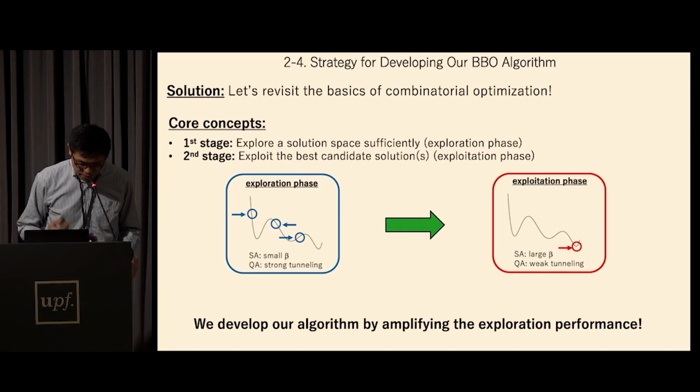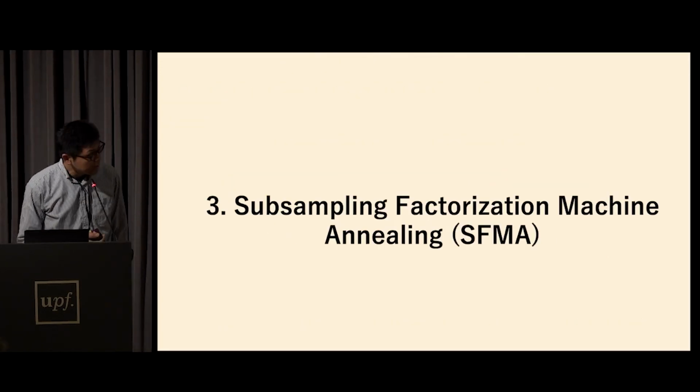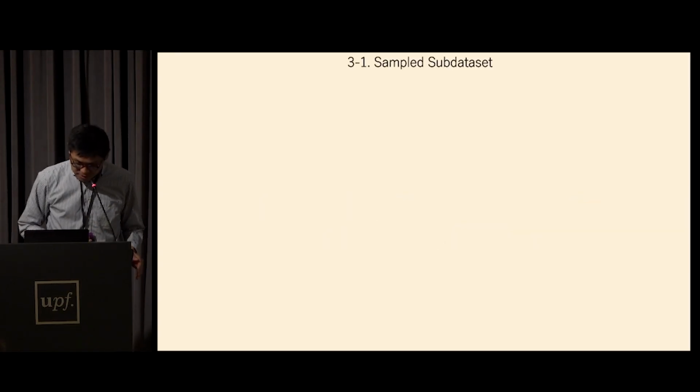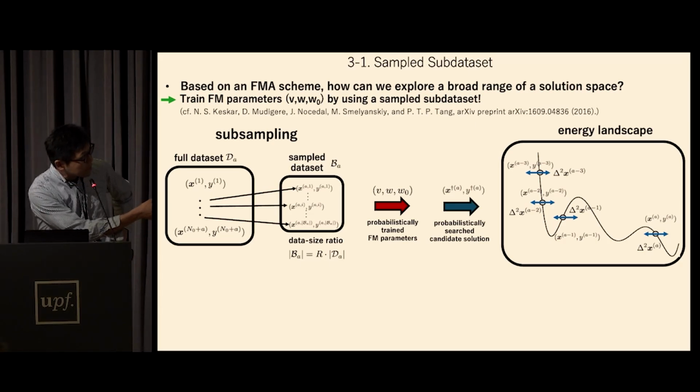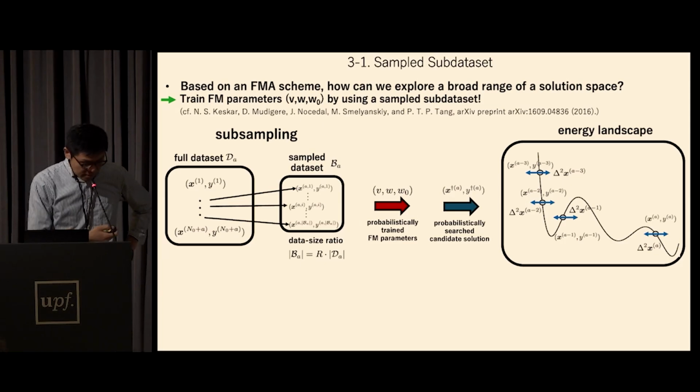And how are we going to do this? The solution to our problem is to run an algorithm called Subsampling Factorization Machine Annealing, SFMA. Let me explain what SFMA is by using this schematic. In the conventional method, FMA, we use full data sets to train the FM models.